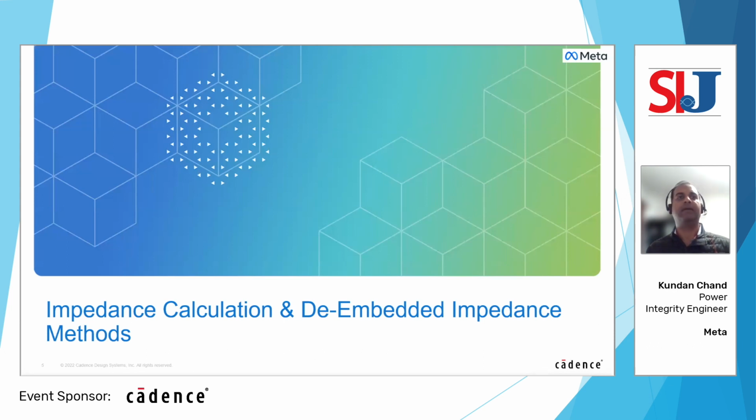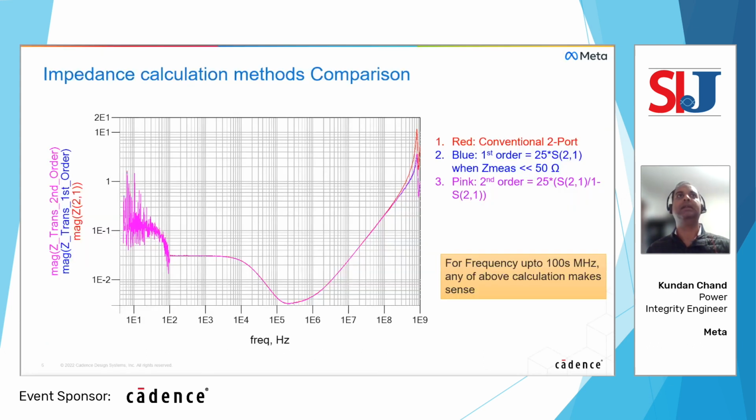So for the impedance calculation and de-embedding, here is the impedance calculation method. If you look here, there are three curves. One is our conventional two-port, which is our raw measurement data, where we get the S21, and then we are able to extract Z21 from it.